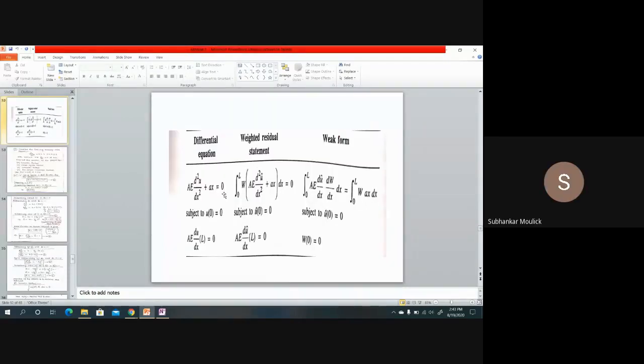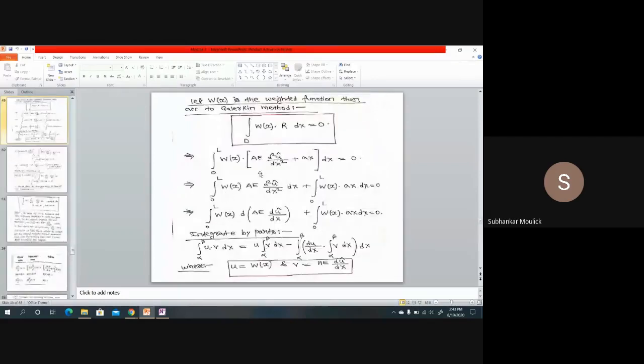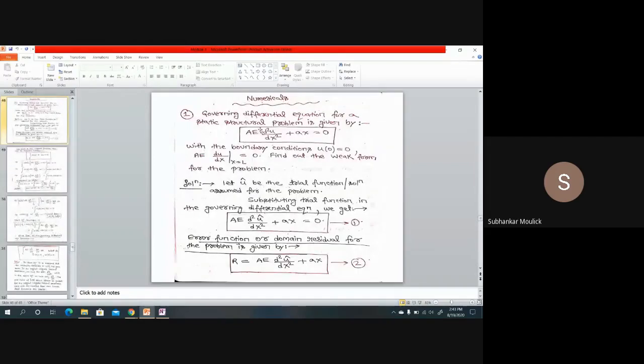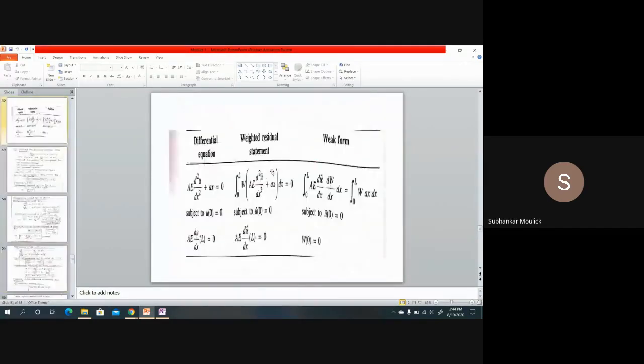See, this was my governing differential equation: A E d2u by dx square plus ax equal to 0, with boundary conditions u of 0 equal to 0 and A E du by dx at x equal to L is 0. This is your given differential equation, or the strong form of the equation.